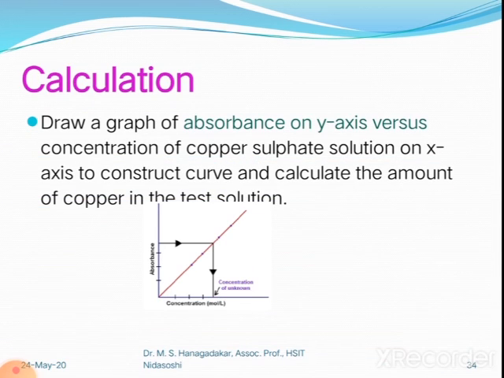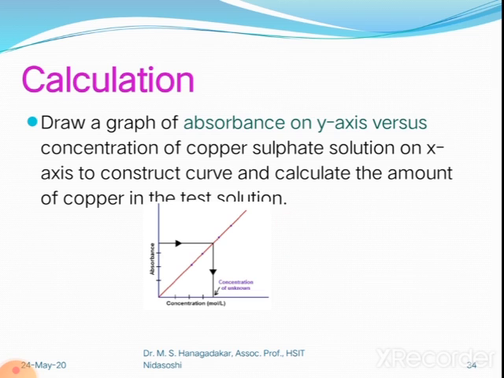Hence, you have to plot the graph by taking absorbance along the y-axis and concentration along the x-axis. As a result, you will get 5 points in an increasing trend.